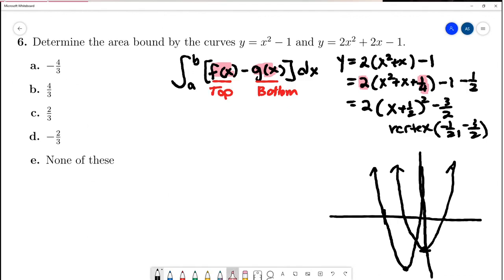The other curve is a little bit skinnier because of this coefficient of 2. And it's a little bit hard to see the picture right now, so I'm going to get a little bit more information before coming back to that graph.